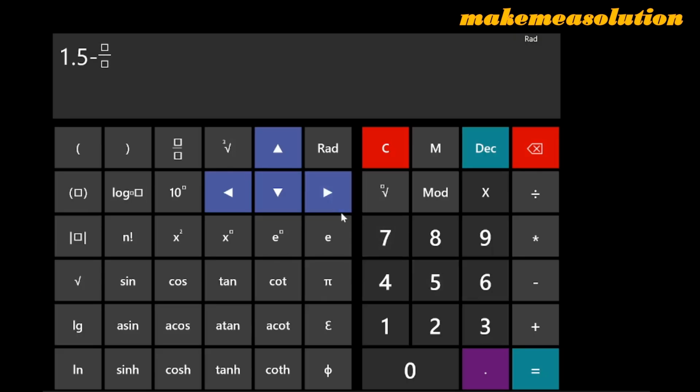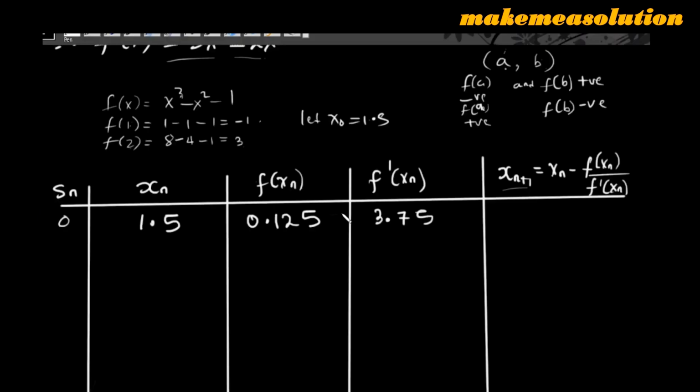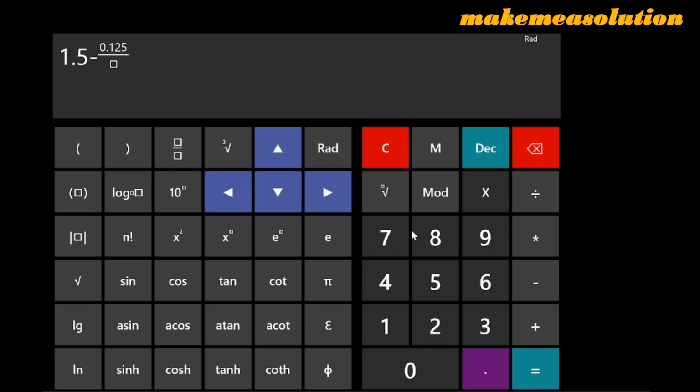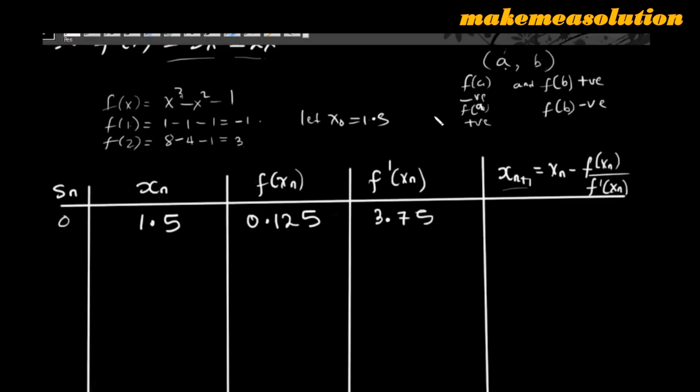So f of xn is 0.125 like we got, and f prime of xn is 3.75. Is that okay? So this gives me 1.466667. I'll work with 6 decimal places, and I'll advise you to do the same in all your calculations. Work with 6 decimal places before you finally approximate.